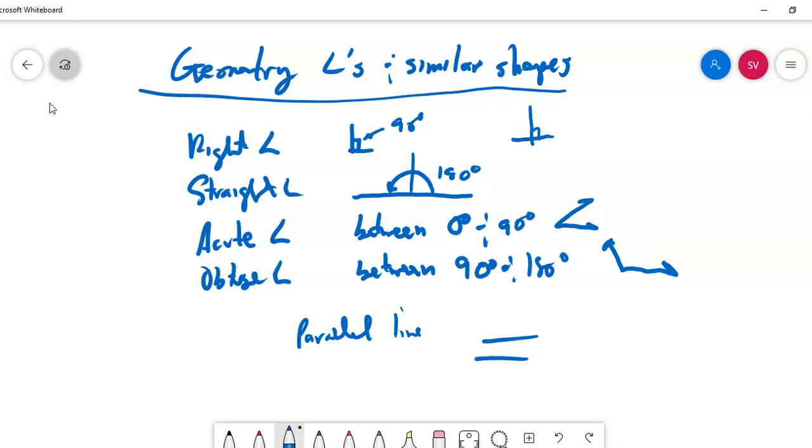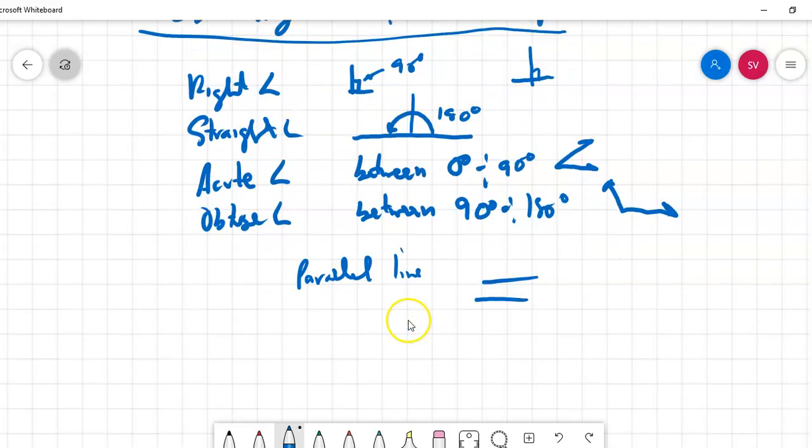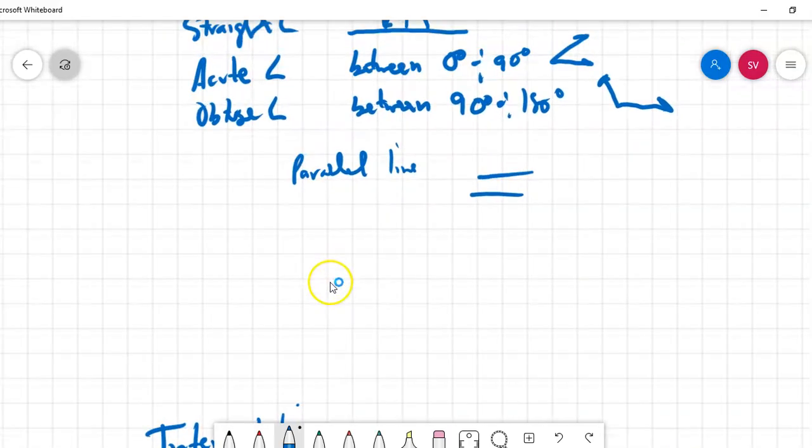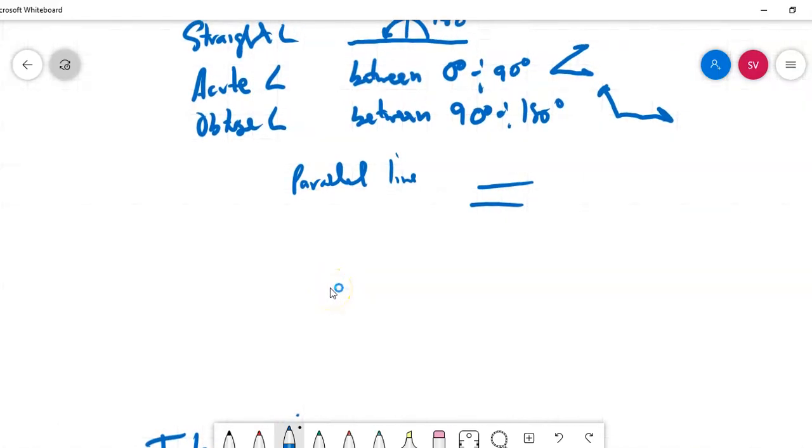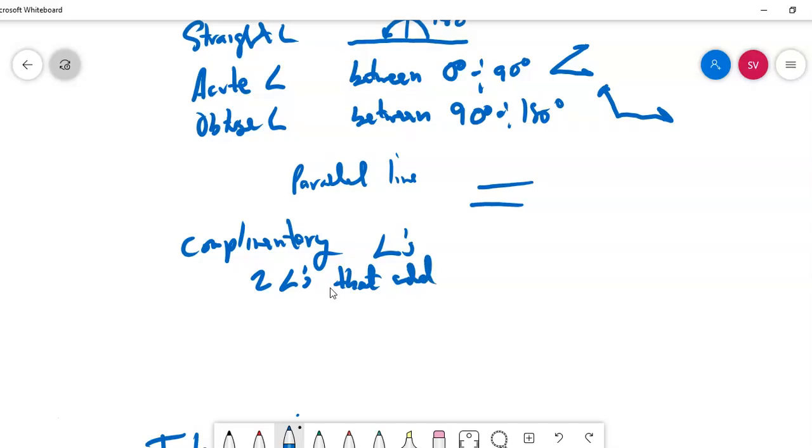So now let's take a look very quick at supplemental and complementary angles. Alright, so complementary angles are two angles that add to 90 degrees.